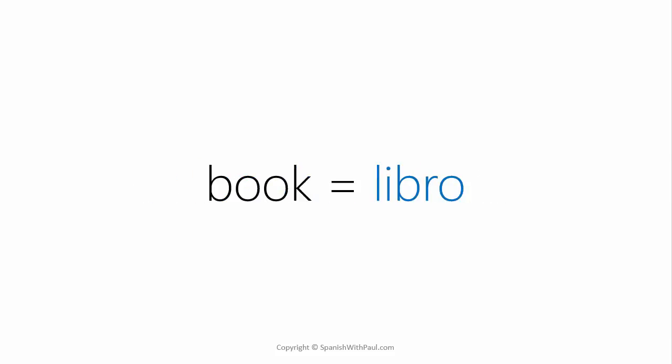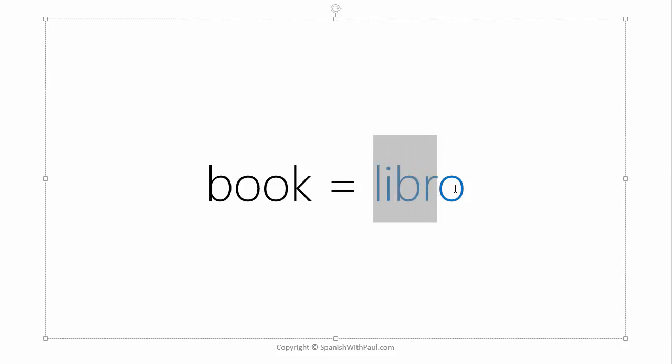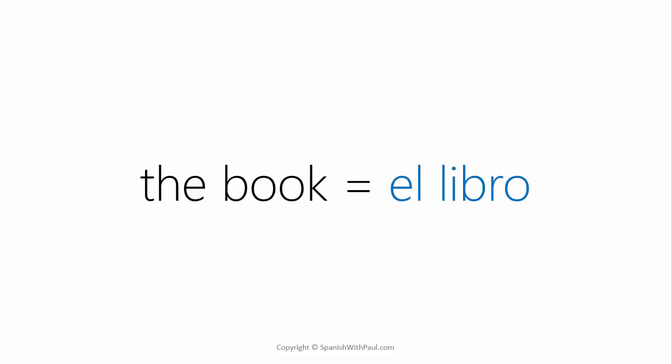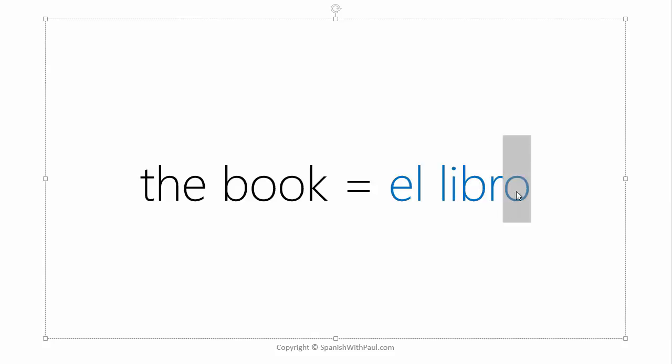The word for book in Spanish is libro. So we have libro, libro. And the book would be el libro, because libro is a masculine word because it ends in O. And so the is going to be masculine, el libro.